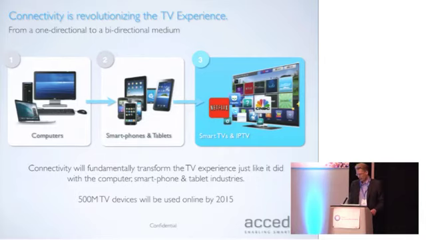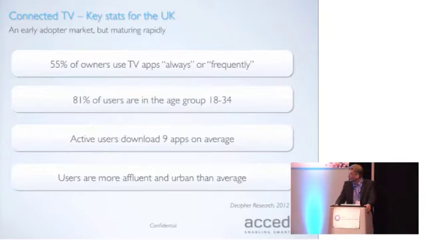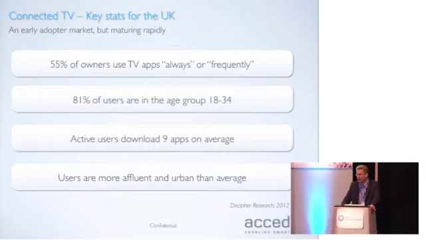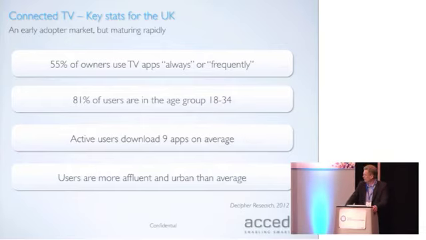So how do people actually use connected TV today? In 3 years from now, I said there would be 500 million TV devices, but what about today? Here are some figures from the UK, and we see that it is actually used quite a lot. It's not a mass market yet, but it is used by the consumers who have a smart TV. 55% of the owners of a connected TV actually use it always or frequently.